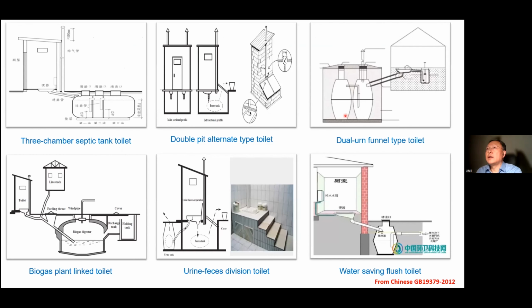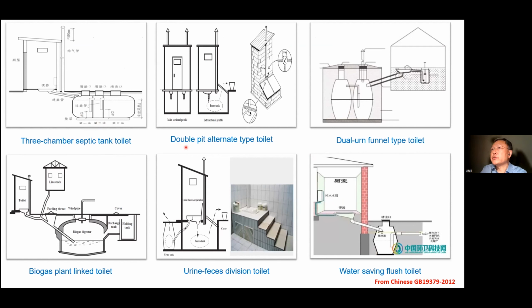And in China, according to the Chinese national standard, GB, six types of sanitary toilets are recommended. You can see the three-chamber septic tank toilet, which is actually widely used worldwide.